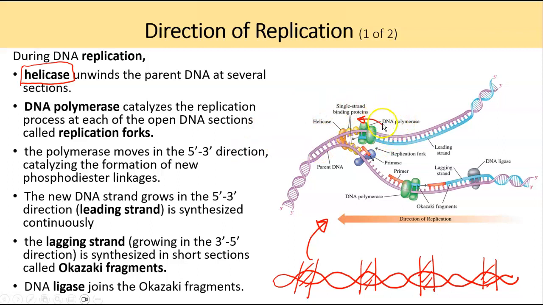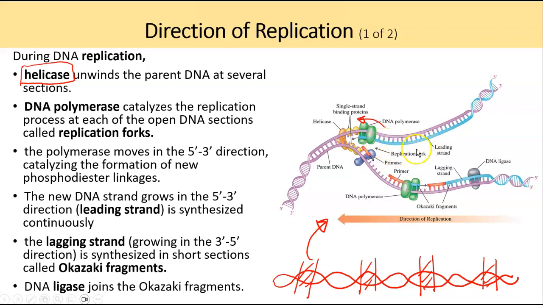The role of the DNA polymerase is to form the new phosphodiester linkages between the nucleotides. The nucleotides come and attach to the complementary bases, and DNA polymerase makes those phosphodiester linkages to make it an actual DNA strand.